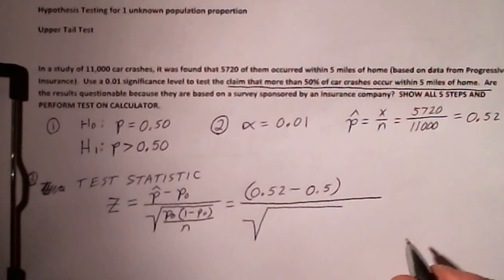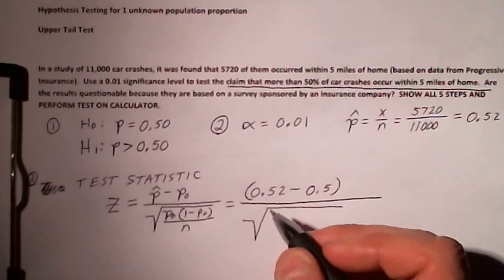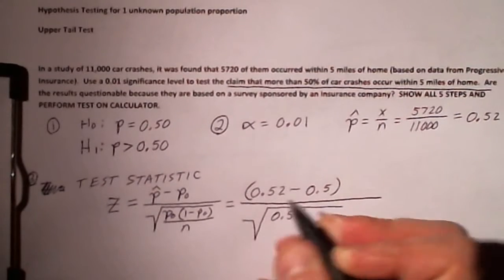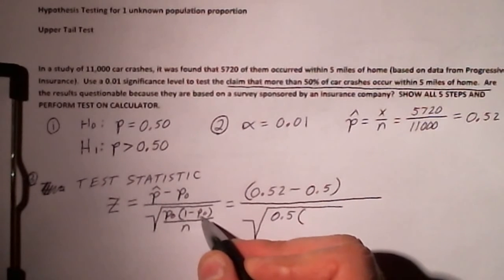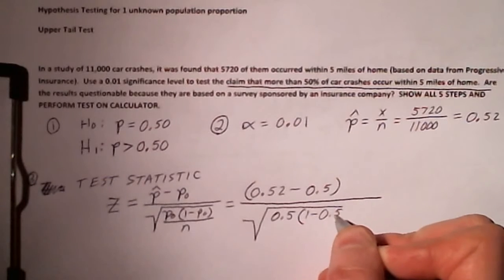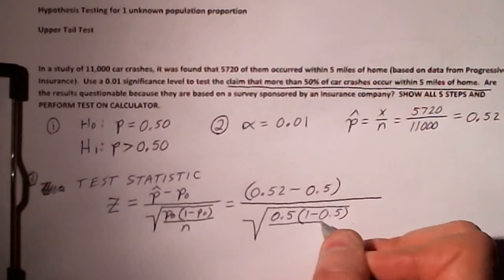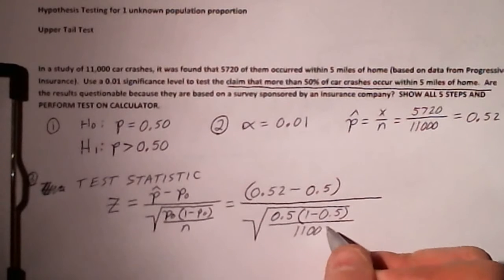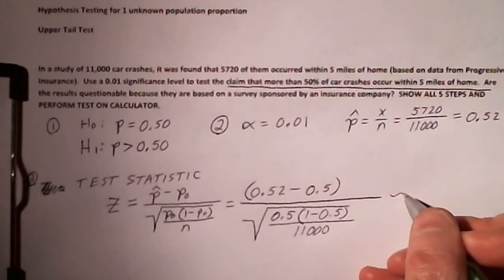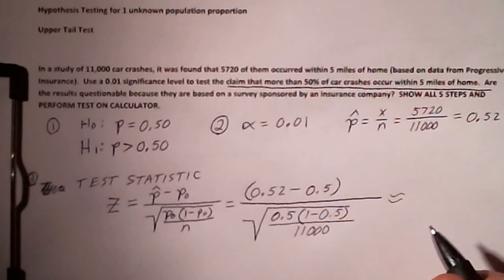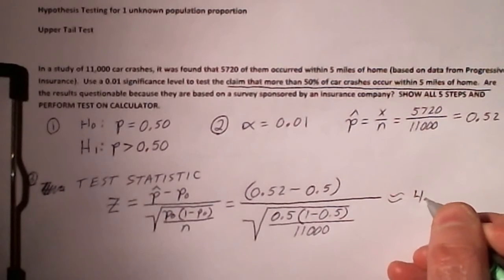And this is divided by the square root of p sub 0, which is 0.50, times 1 minus p sub 0, which is 1 minus 0.5, divided by your sample size, which is to say divided by 11,000. All right, ladies and gentlemen, when you dial this up on your calculator, you should get your test statistic value, which is about 4.195.